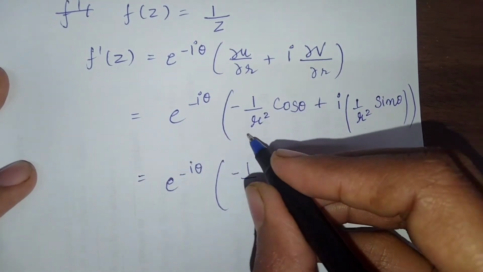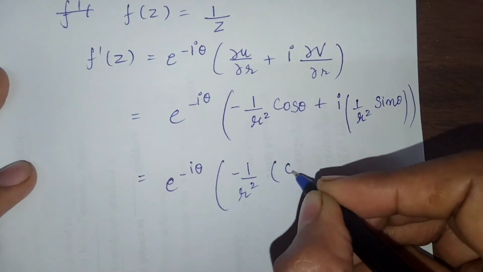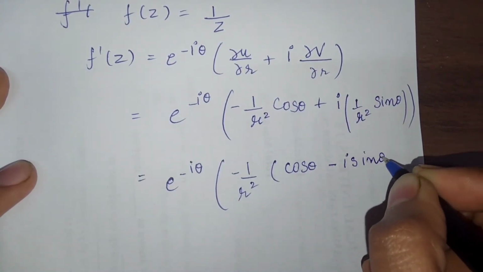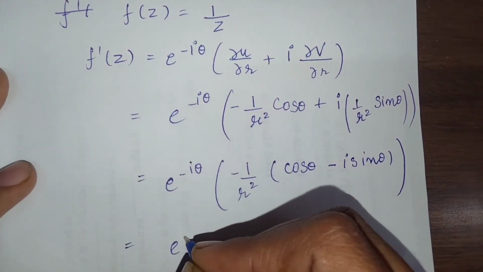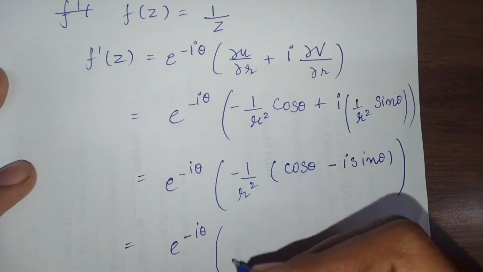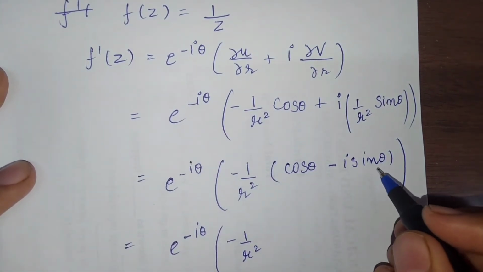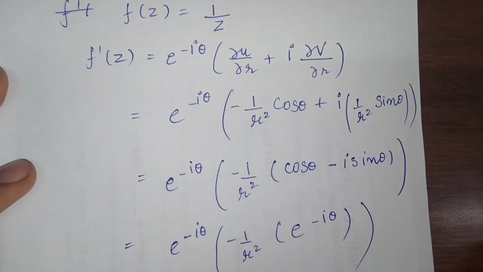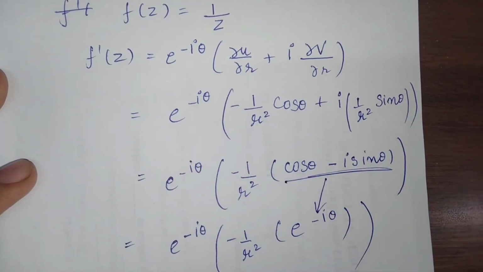If I take minus 1 by r square common, then I will get cos theta minus I sin theta. Okay? So I can write e raised to minus I theta into minus 1 by r square, and cos theta minus I sin theta is equal to e raised to minus I theta. So here in place of this I can write e raised to minus I theta.